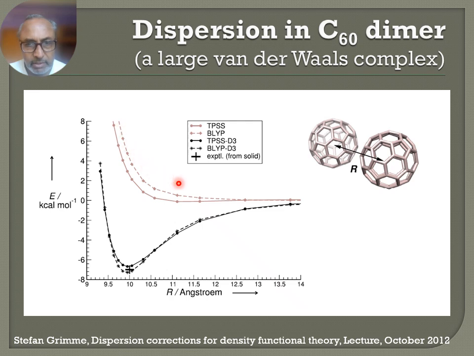Here these are the energy curves obtained with the TPSS functional and the BLYP functional without including dispersion, and here we see the curves including the D3 dispersion correction, and the experimental binding energy is around here.